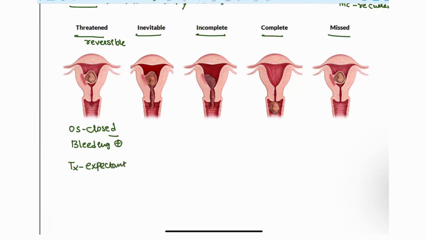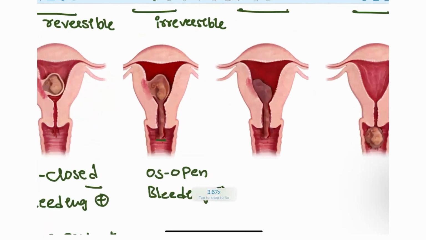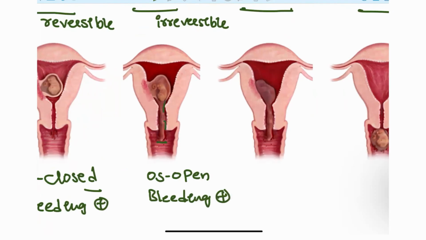Next, inevitable abortion. Inevitable abortion is irreversible. Here the os is open, and the bleeding is also present. Already some of the products are ready to be expelled from the patient.